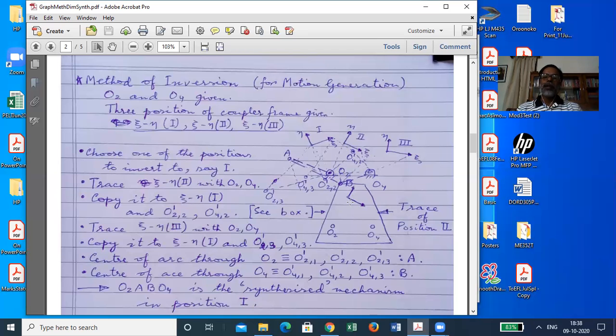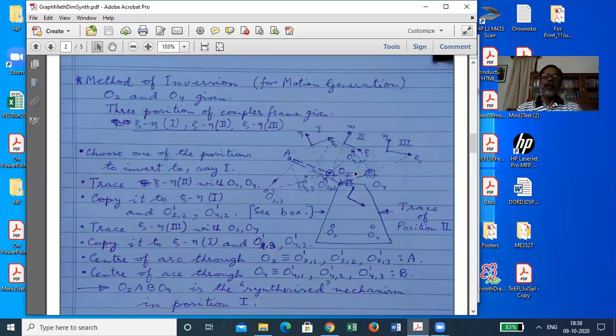Now the view on the tracing sheet would look like this: the second configuration of the frame, and O2 here. Now pick up that tracing sheet and put it in such a manner that the frame on the tracing sheet now coincides with this. And wherever O2 has now gone, you mark that point.